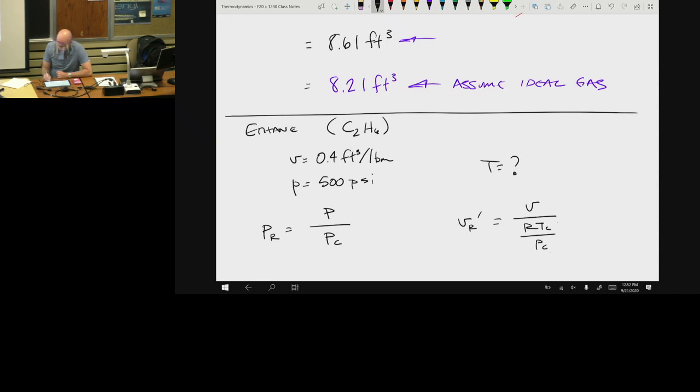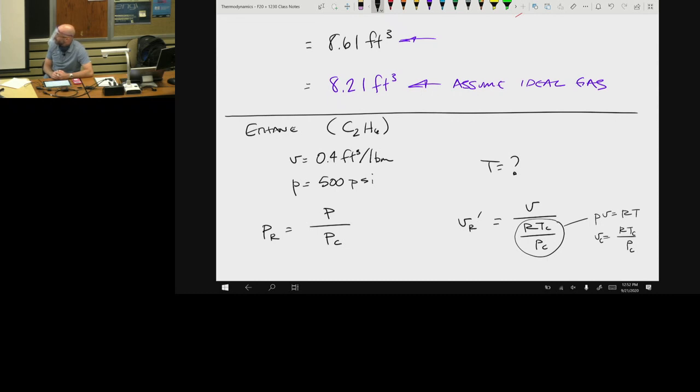Now look what this is. If you look at this, using the ideal gas law, PV is equal to RT, and we're solving for V as RT over P. It makes sense that if we were to put critical temperature and critical pressure, we're going to get critical specific volume. That's what we're doing there. And we have values for the critical temperature and the critical pressure in table A1, so we're good to go. So that's where that pseudo-reduced specific volume is.